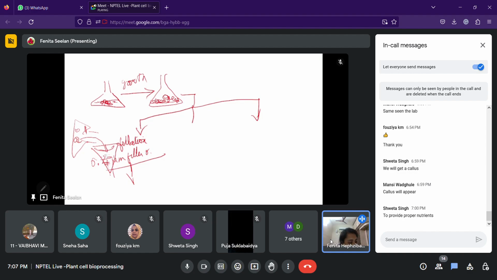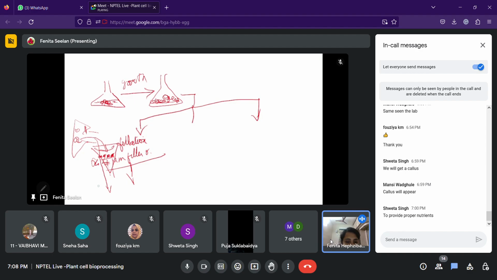If you have seen filters, it will be filter paper or a membrane; just for explanation's sake I'm drawing it here. Each hole, the pore size, is around 0.4 micrometer, which means the cells passing through it will also be of size less than or equal to 0.4, right?